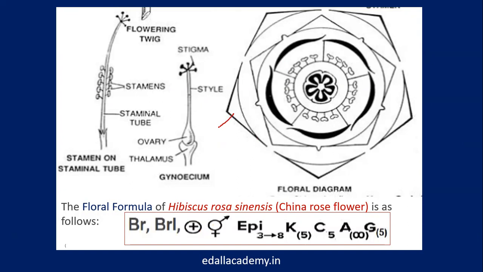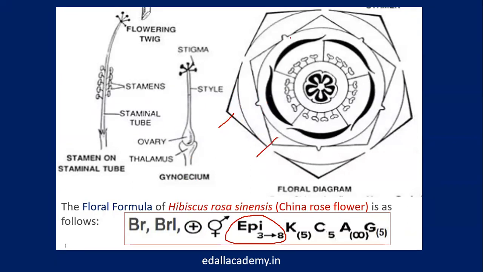This will represent bracteoles. The whorl of bracteoles found outer to the calyx is called bracteoles. See that bracteoles are called epicalyx. The whorl of bracteoles forms the epicalyx, maybe number 3 to 8. It is followed by calyx.